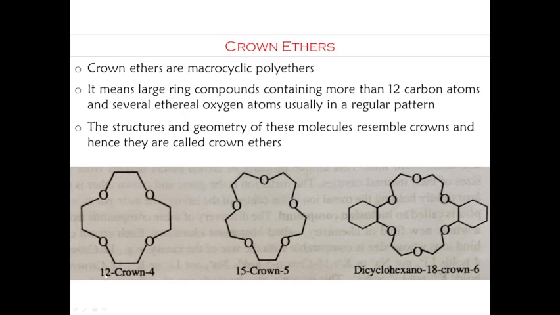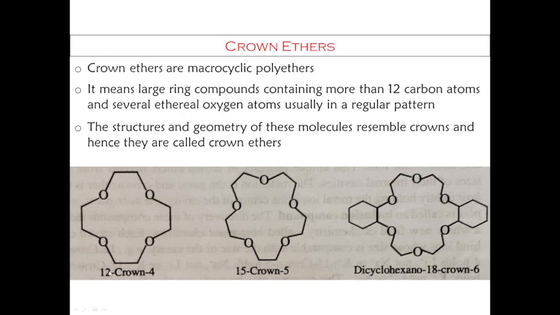The first number normally gives the total number of atoms present in the molecule. So this is 12: 1, 2, 3, 4, 5, 6, 7, 8, 9, 10, 11, 12.